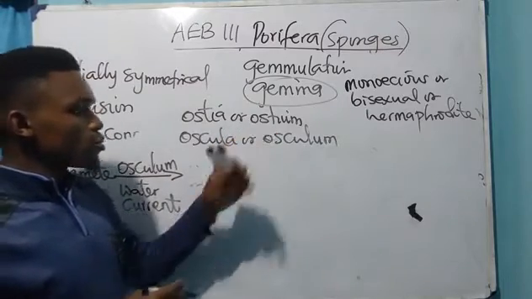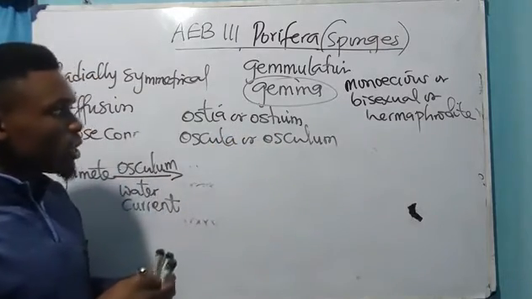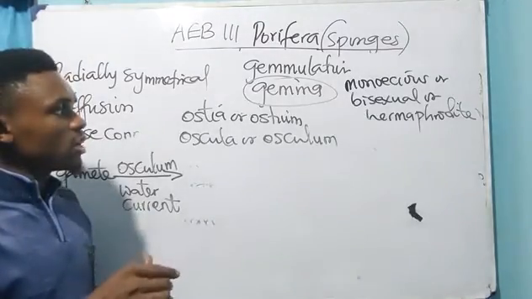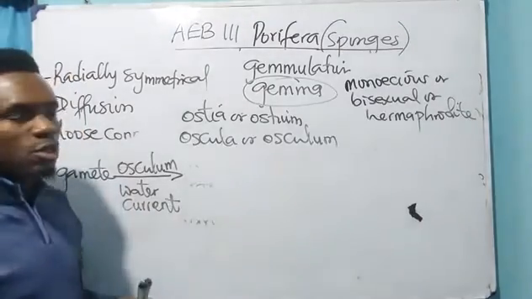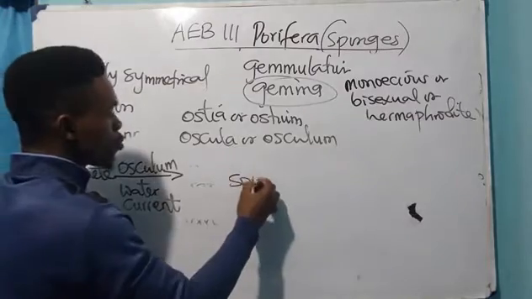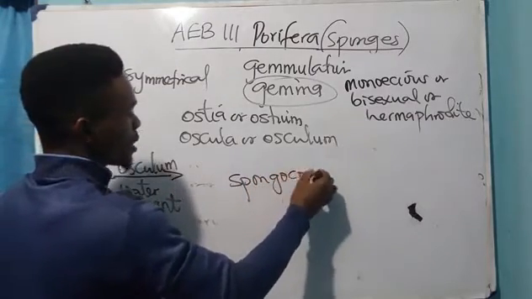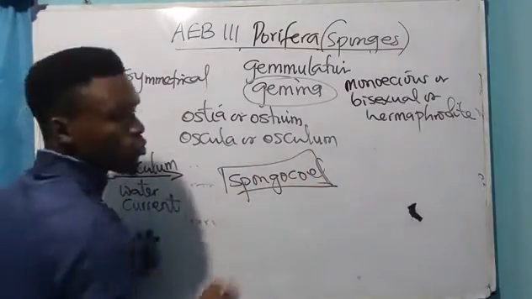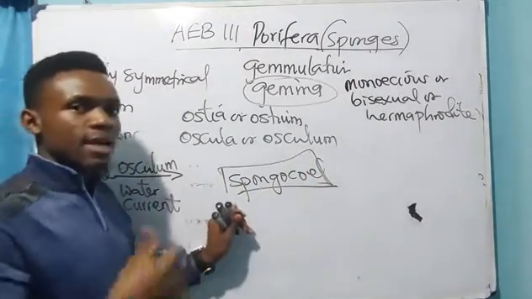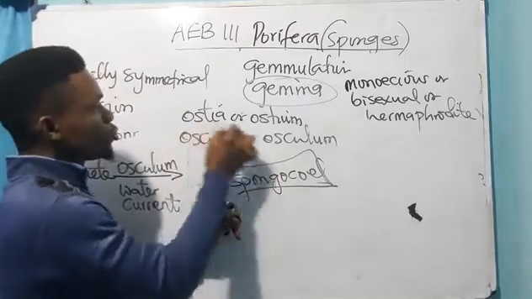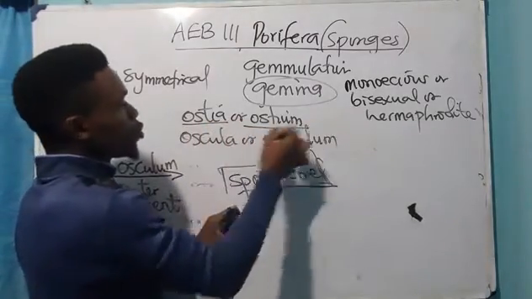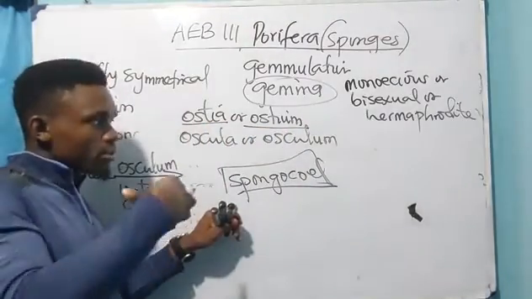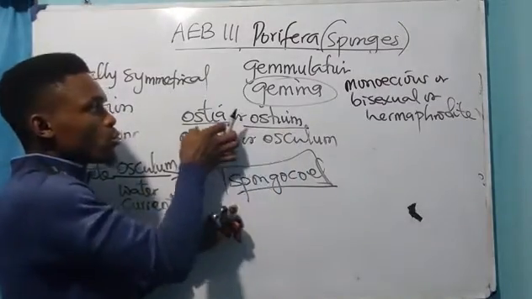Now, the ostium is that region where water passes into the central cavity of the sponge, called the spongocoel. Water enters into the body of the sponge through the ostia, or ostium.